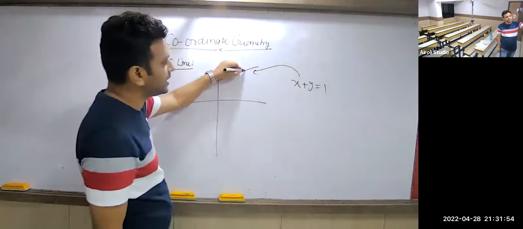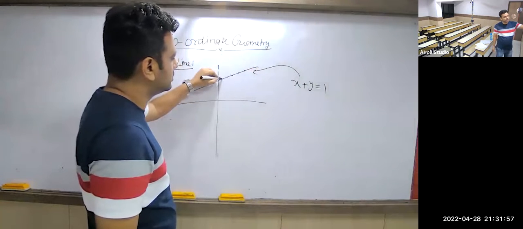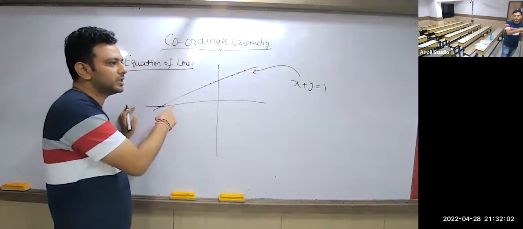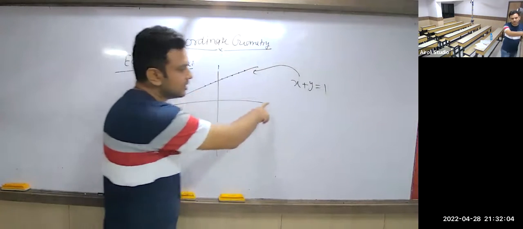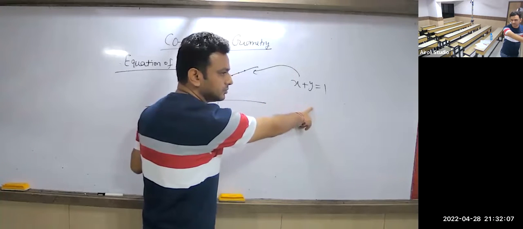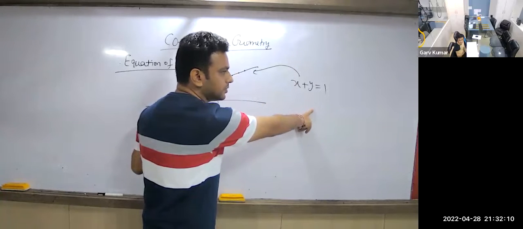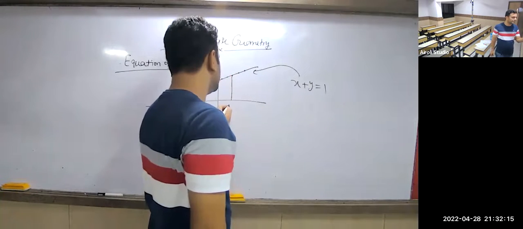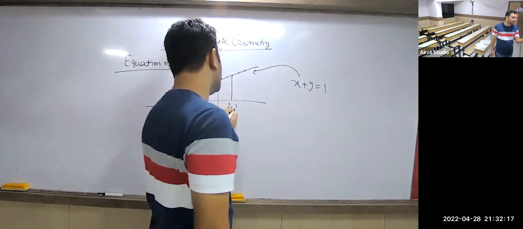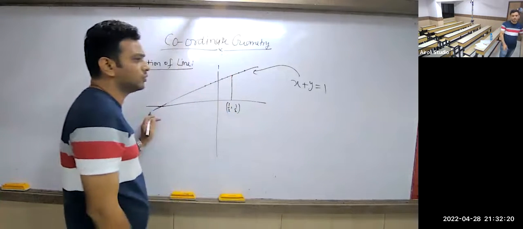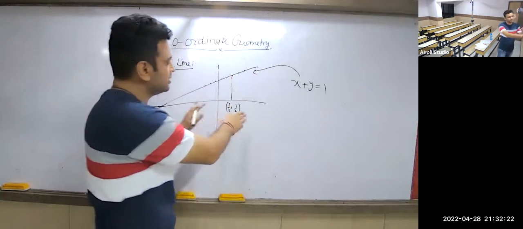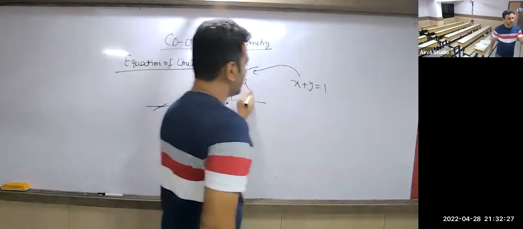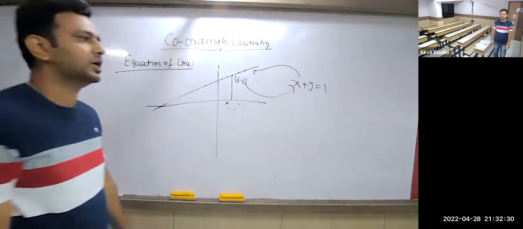Each point lying on this straight line, and we have infinite points lying on it, will follow this relation. Got it? So x plus y equals 1. Let's say I have one point whose coordinates are half comma half. To check whether this point lies on the line or not, I have to put these values into the equation of the line.